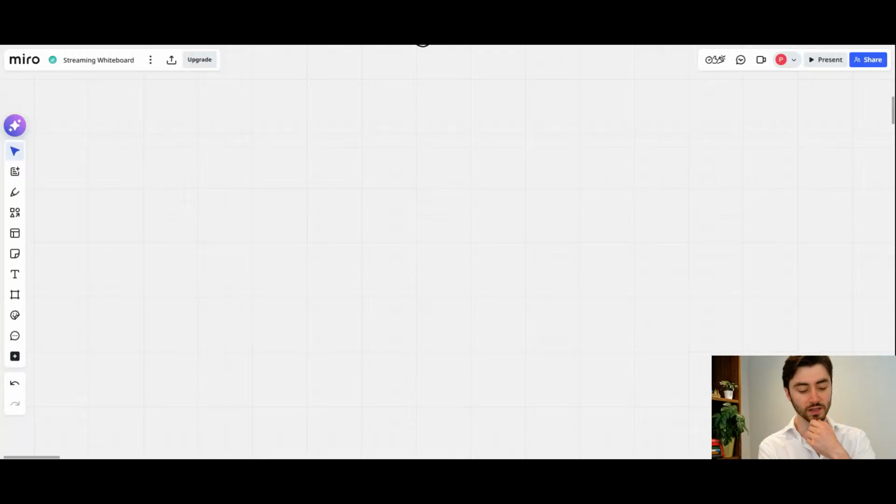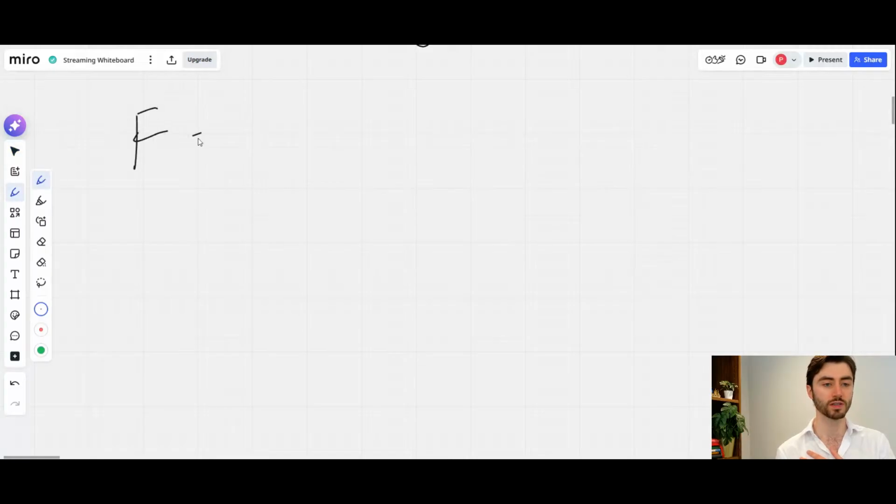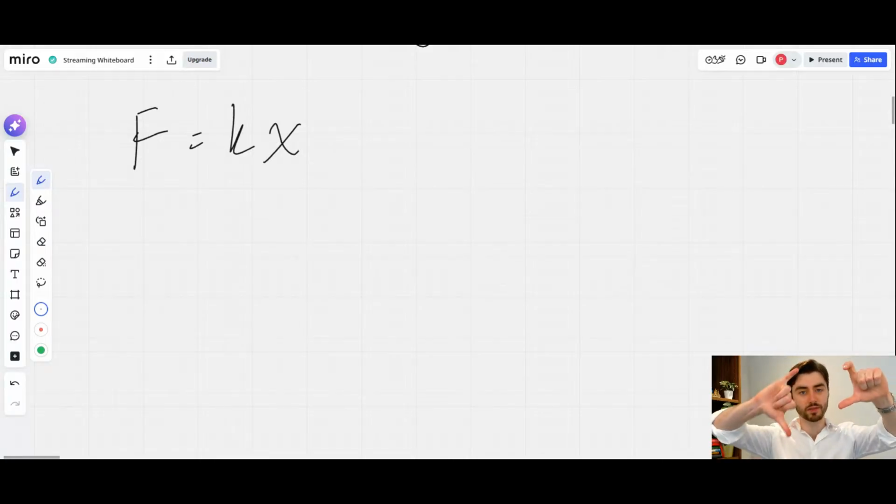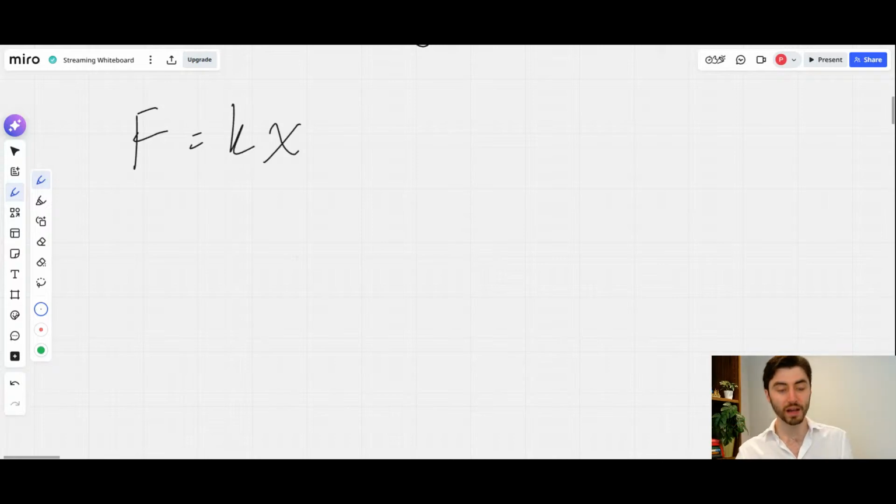So the force needed to stretch a spring is directly proportional to the extension of the spring from its natural length. In other words, Hooke's law is just F = kx. To measure the extension, you measure the unstretched length and then the stretched length, and take the difference. But this also is up to an elastic limit.